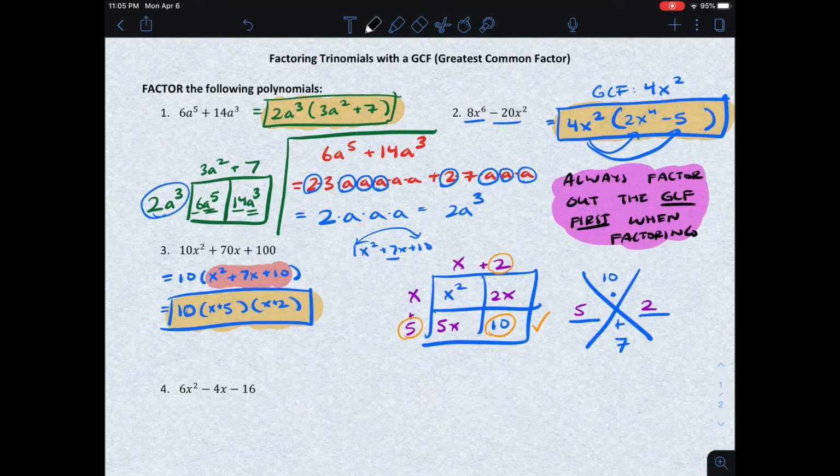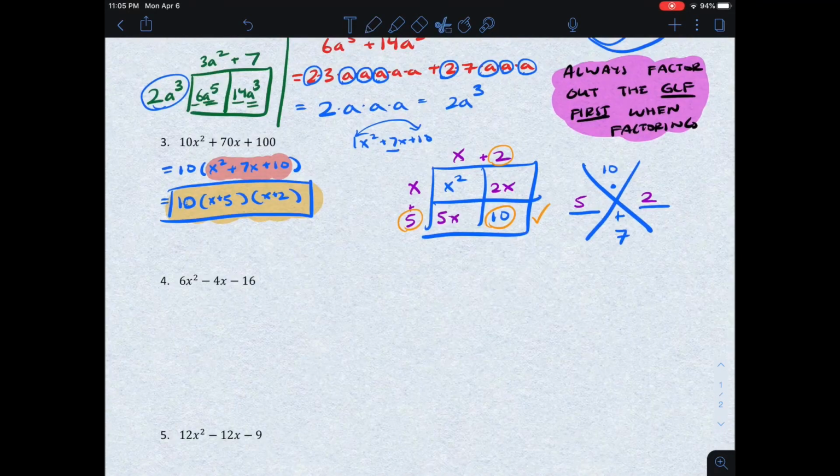Let's look at another example here. Let's look at number 4. So here we're going to look for the GCF, which in this case is just 2. And then from there, we're going to carefully factor out my 2. I'll be left with 3x squared minus 2x minus 8. And if you're not sure if you did it correctly or not, what you can always do to double check your work is by taking this 2 and just distributing it back, right? And the goal is you should end up with the original problem.